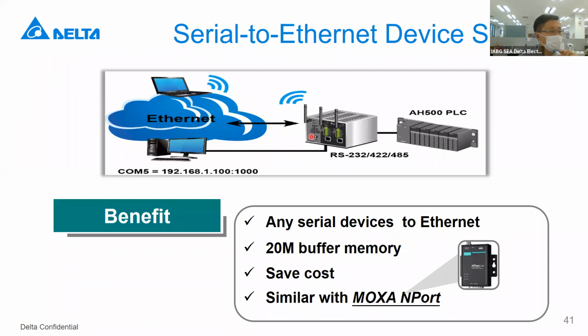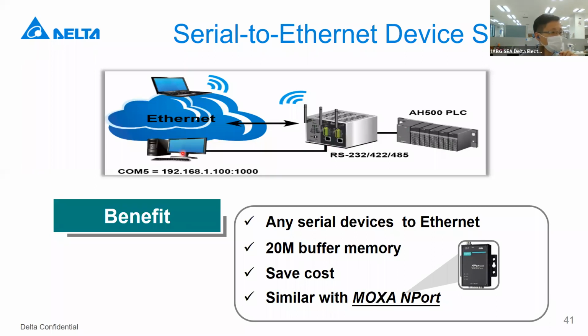And this is another function we call a serial to Ethernet. You might see this one, we get the data from the PLC by RS485 and then link with another server by Ethernet. But we integrate the mapping inside already.